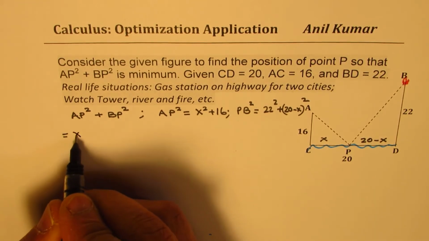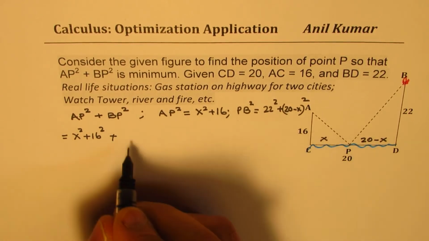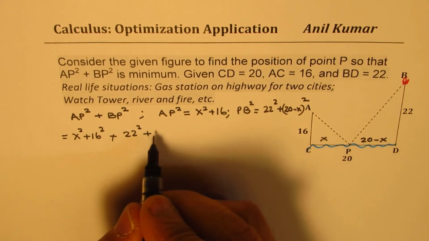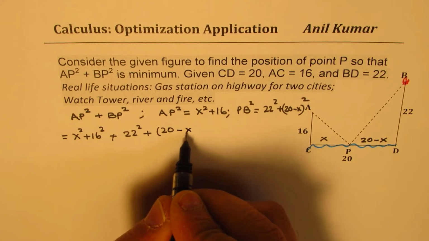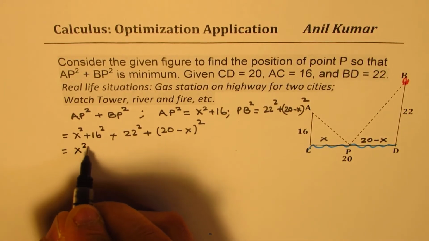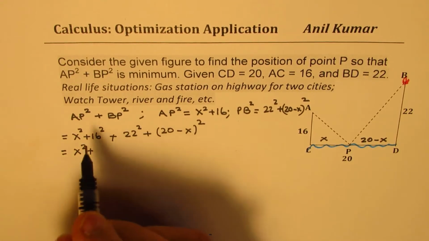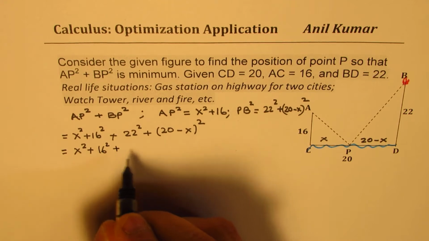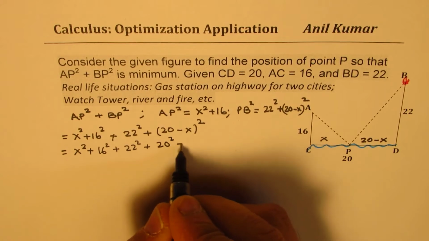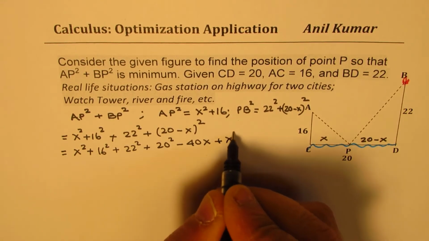So AP square is x square plus 16 square, and BP square is 22 square plus 20 minus x whole square. So let us expand this. We get x square plus, let's get all the values now, right? 16 square plus 22 square. When you expand this, you get 20 square minus 2ab, which is 40x, plus x square, right?